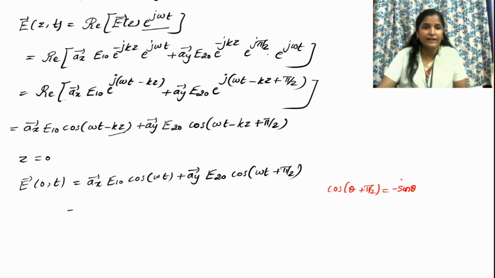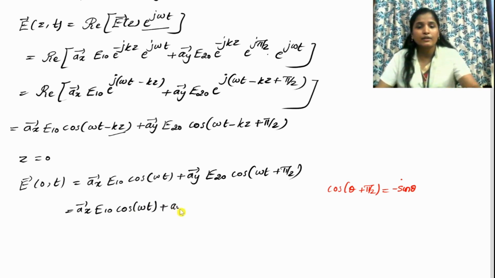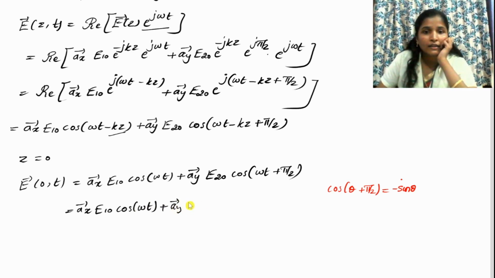In the next line we can write it as a_x vector E1 naught cos omega t plus a_y vector E2 naught, and instead of this term we write minus sin omega t; sorry, instead of theta we have omega t.